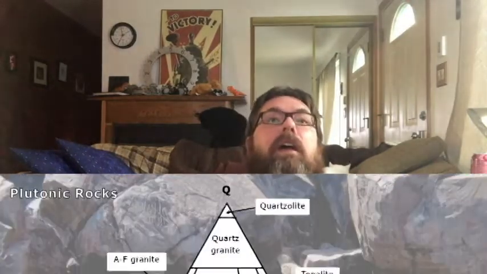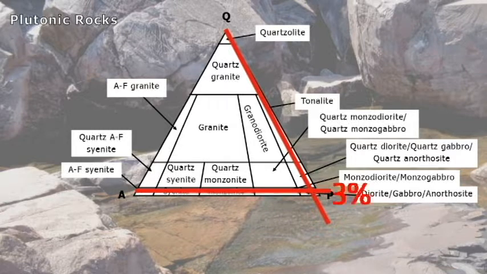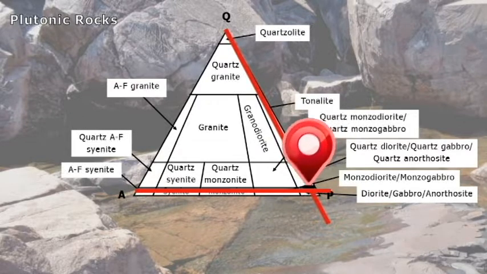All right. So if we were at, say, 90%, 95% plagioclase, all right, so here we swing it over to the plagioclase, there's our first line, and we are at 3% quartz, so our cross line is right here. We are in that diorite, gabbro, and anorthosite part.